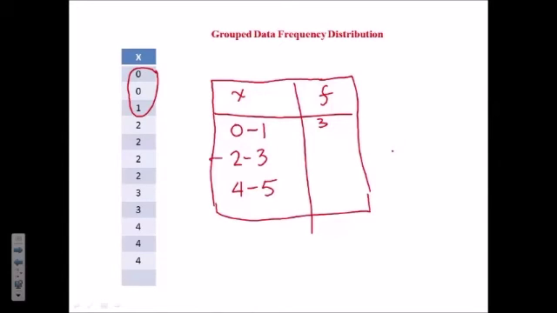The next says all the scores from 2 to 3. 2 to 3 would be all these. How many are there? 1, 2, 3, 4, 5, 6. 6 is the frequency for the next class. And finally, the last class, 4 to 5, there are 3 scores there. So this would be a frequency distribution for grouped data.